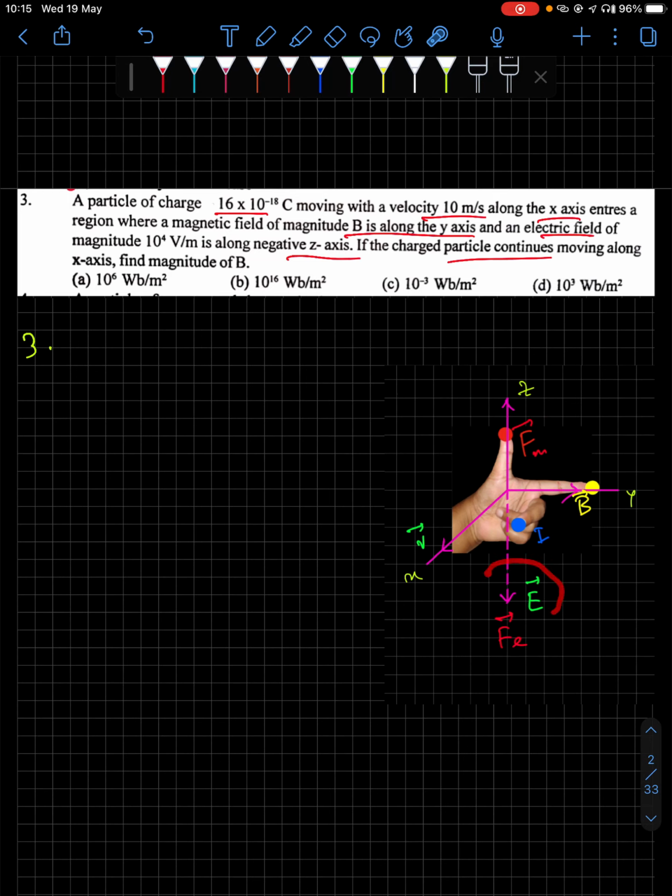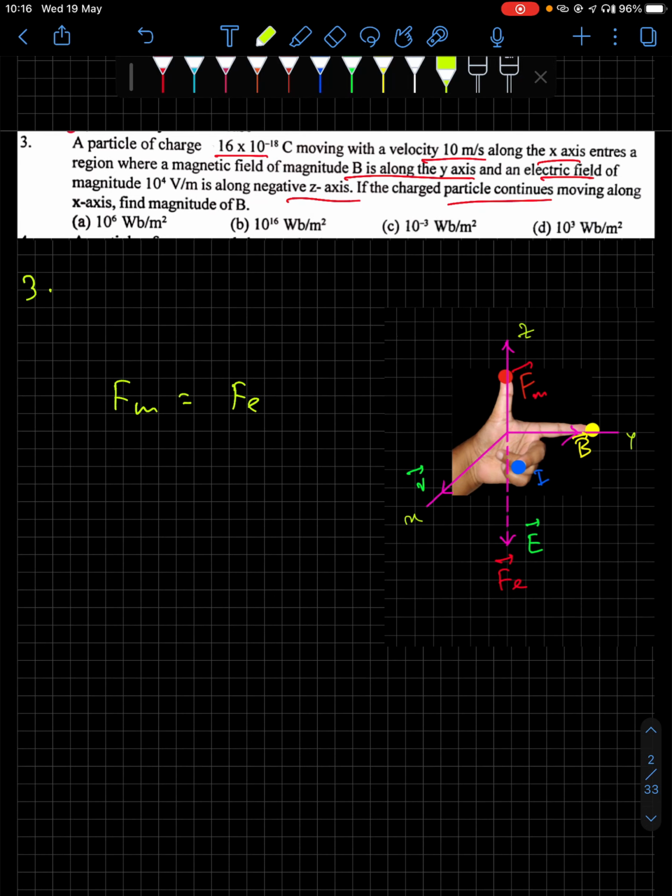Now if the electric field is acting along the negative z-axis, then the electric force, since this is a positive charge, will tend to move along the electric field. So electric force will act along the negative z-axis. So magnetic force along the z-axis, electric force along the negative z-axis. Since the charged particle continues to move along a straight line, the magnetic force and the electric force should be equal in magnitude, right?